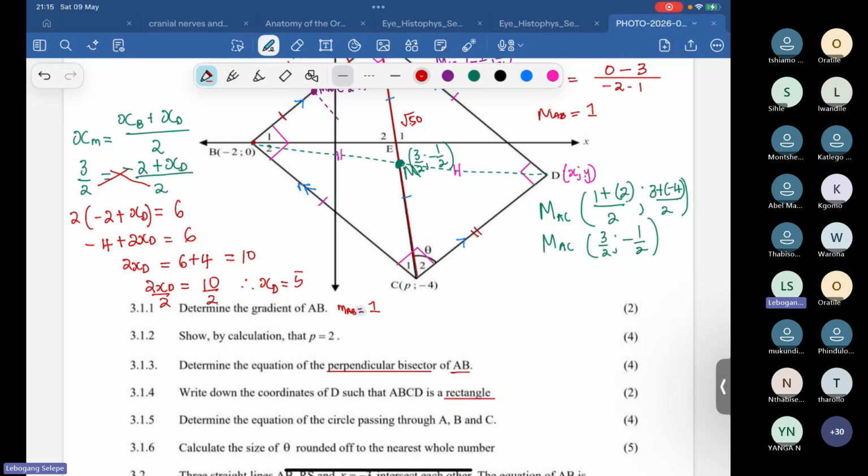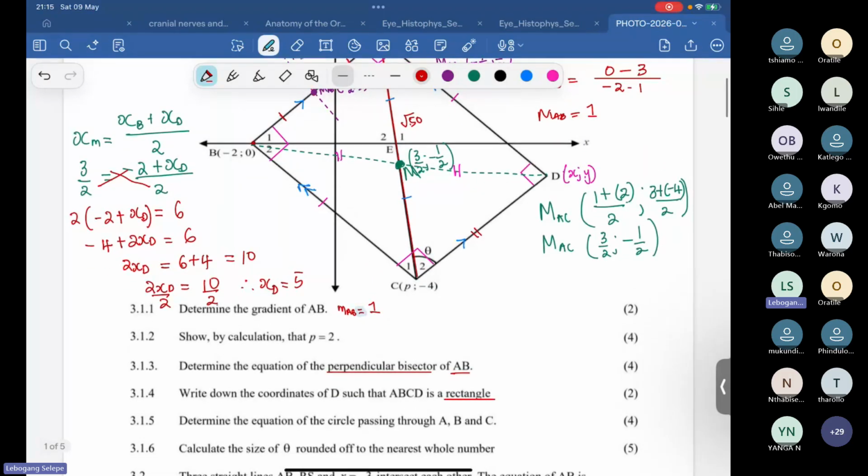Okay. Now we're going to do the same thing with the y coordinates, right? So we know that the y midpoint should be equal to the y value of B plus the y value of D, divided by 2. Substitute, what is the y midpoint? It's right here. That's negative 1 over 2, which is equal to the y value of B, which is 0, plus yd, divided by 2.